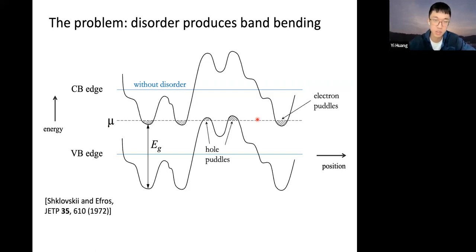But this picture changes if you include disorder, which can produce band bending. This band bending can be so strong that the band edge can actually cross the chemical potential and produce some hole or electron puddles. This picture is quite old; it dates back to 1972, to Shklovskii and Efros's work.